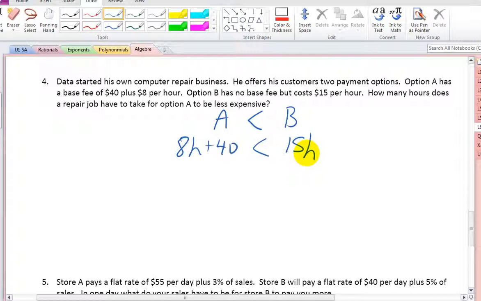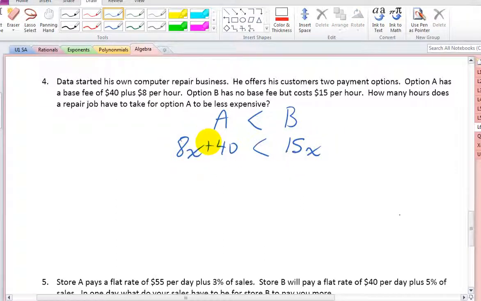Okay, so 8 times H, the number of hours, plus 40 is less than 15 hours. Okay. We won't solve it. Pardon? Mind if we use variable X? Yeah, you can. I just use H for time. You can use X. There we go.